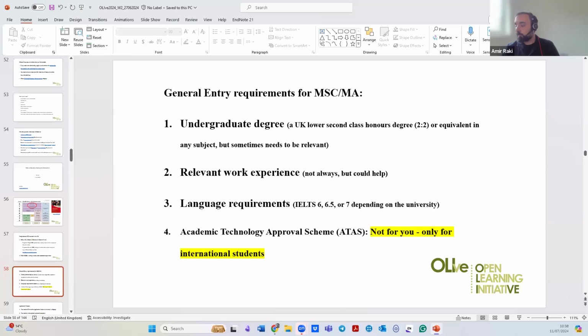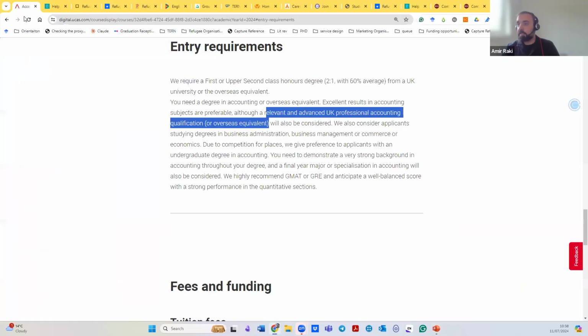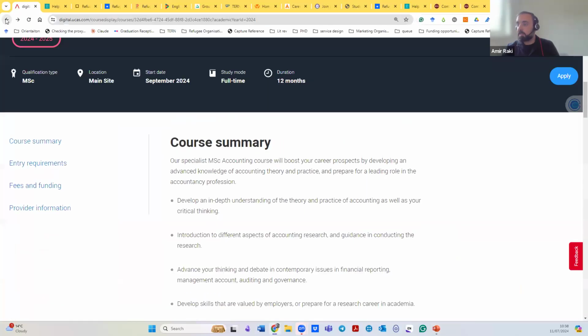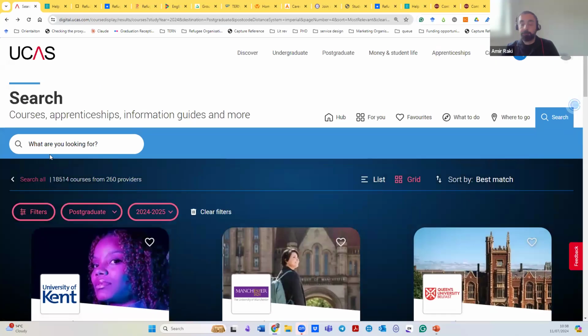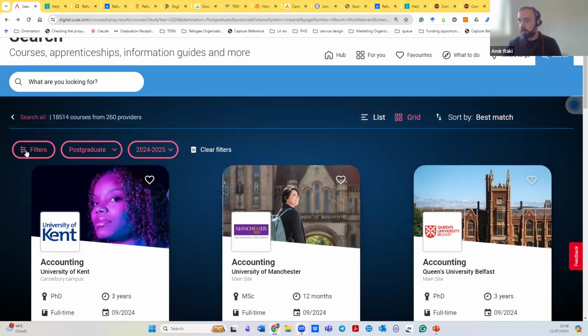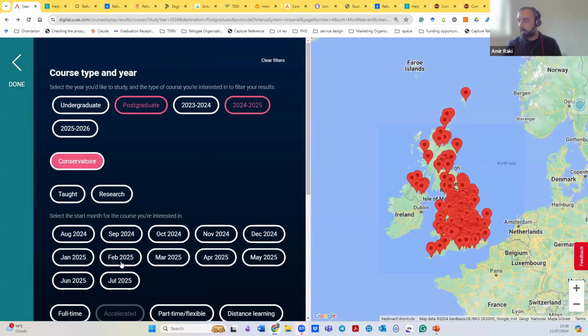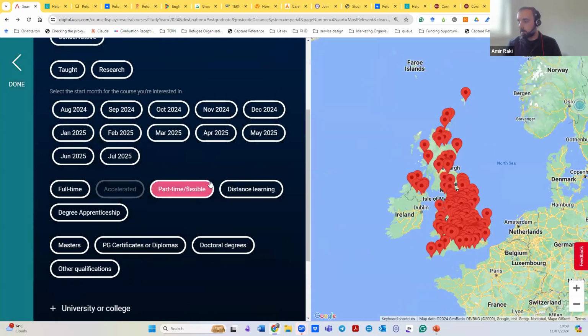So I'm going to show you, going back to the UCAS page. Here, when it comes to application, you need to apply for courses that are online or distance. The way to find them is, there should be a filter here. You can filter based on distance learning.